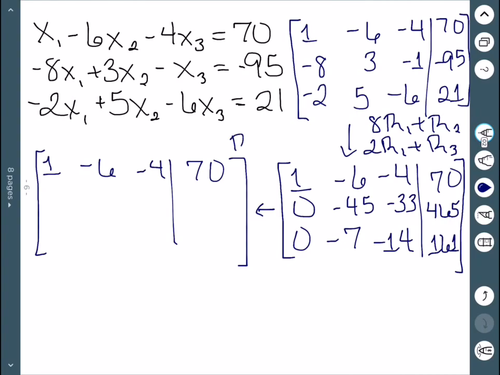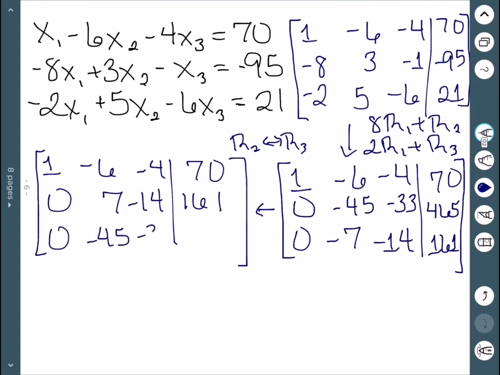So instead, I'm going to switch the second and third rows. So this is now 0, 7, minus 14, 161, and 0, negative 45, negative 33, 465.